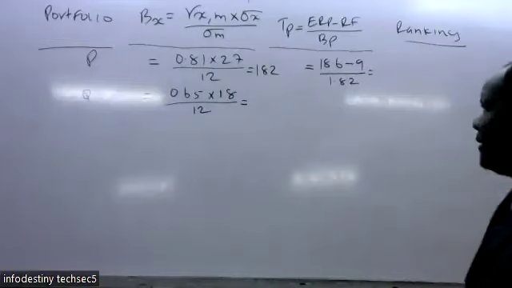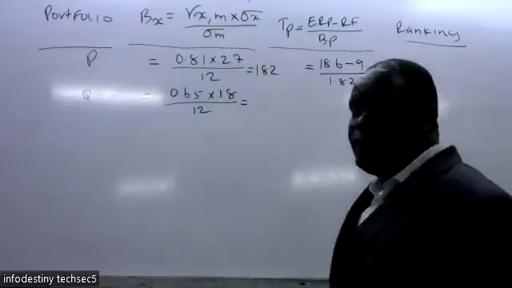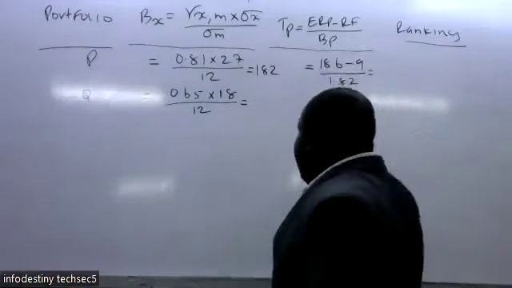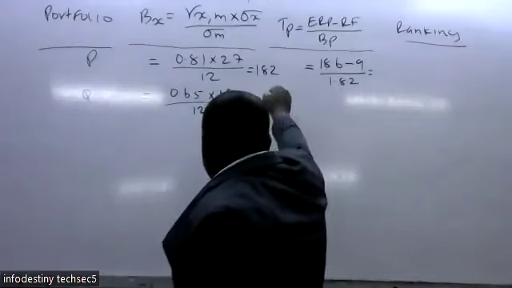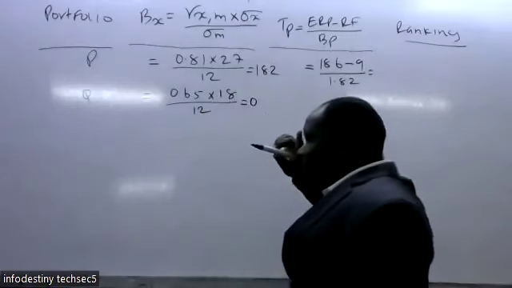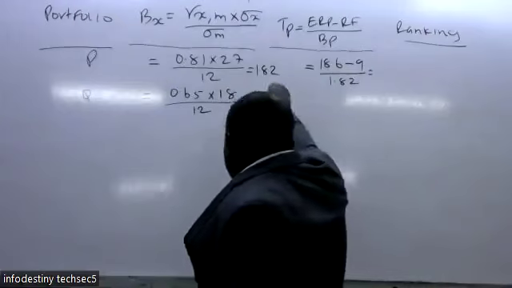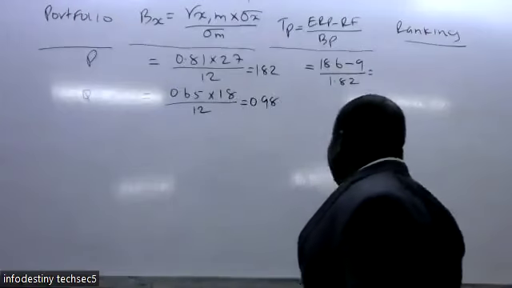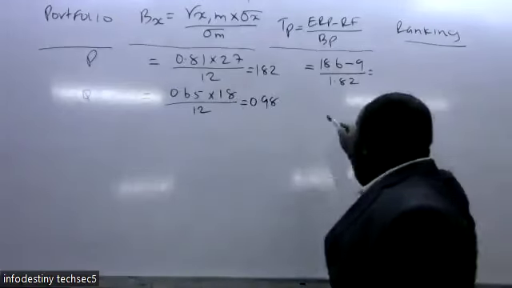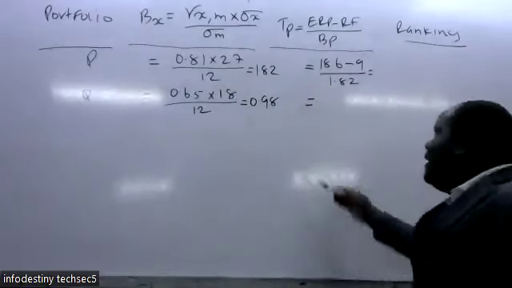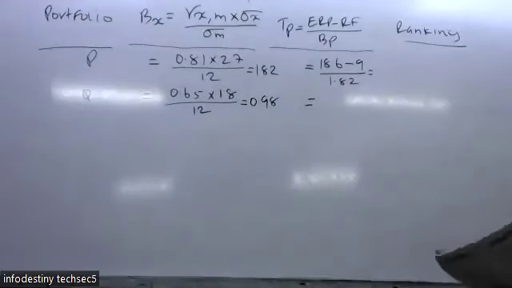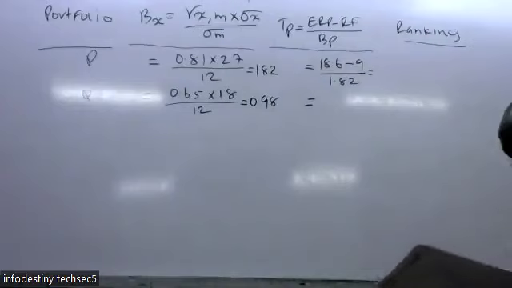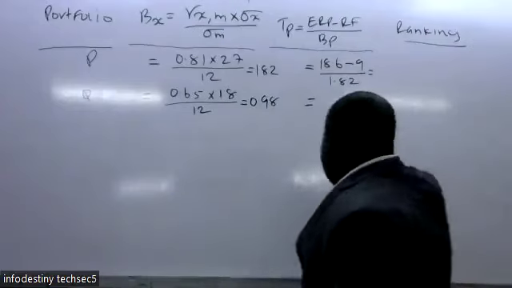When you round off to two decimal places, what is the result? Let us have two decimal places so that we have uniform results. So the average return is 14.8.